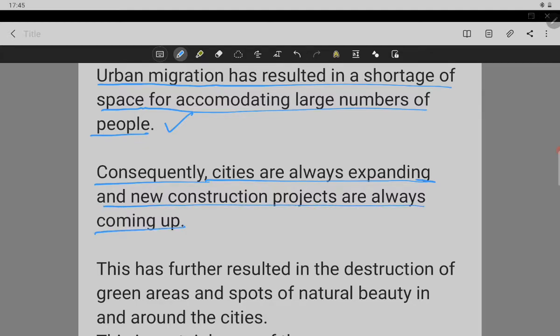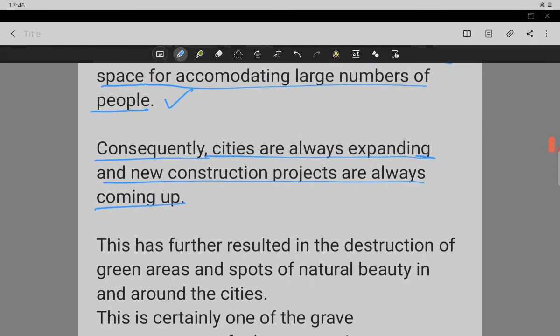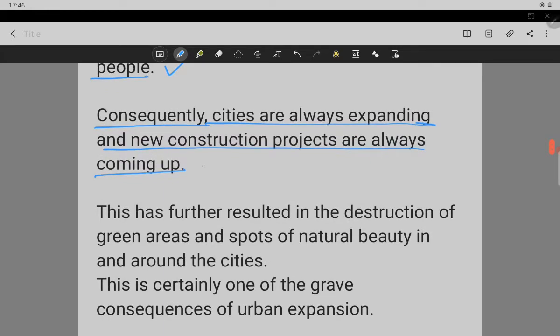So, what is happening because of shortage of space? Cities are expanding, new construction is happening. And what happens because of this? This has further resulted in the destruction of green areas and spots of natural beauty in and around the cities. So, a lot of construction is happening, due to which there is destruction of green areas and spots of natural beauty in and around the cities.